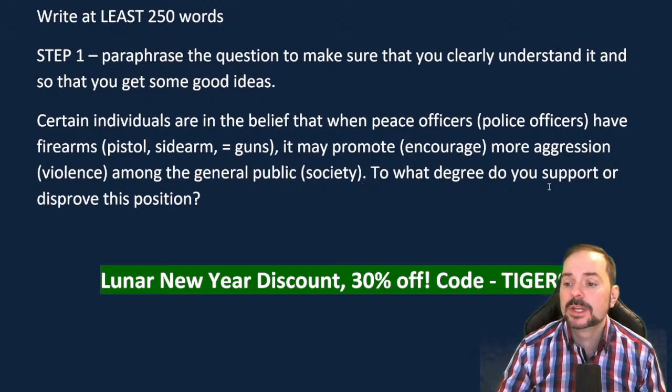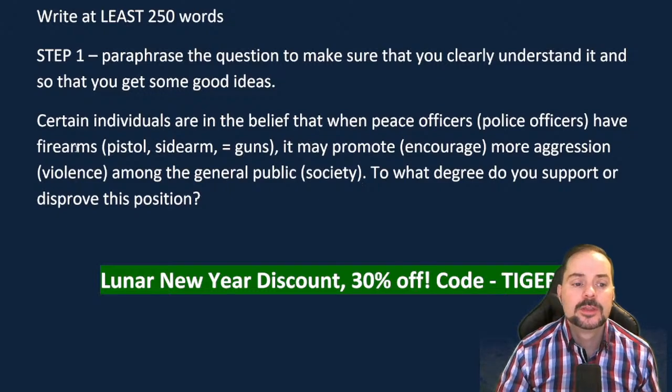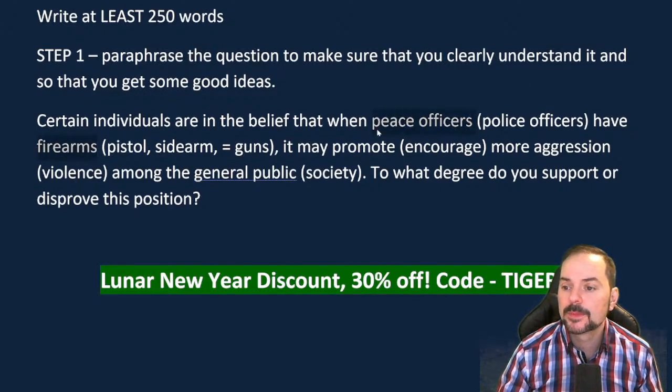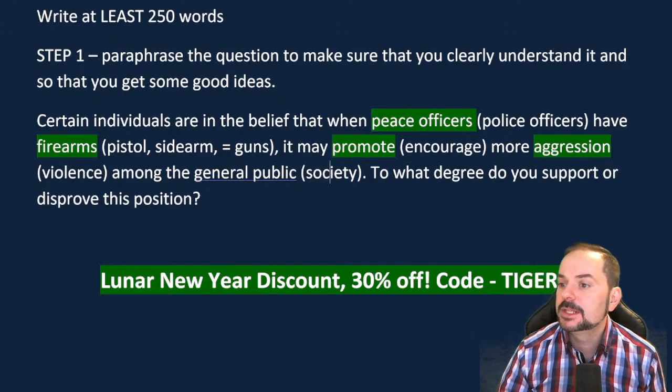So, and then to what extent do you support or disprove this position, right? So this is my paraphrasing here. Take note of it for some of those key terms that we saw in the original question. Okay, so notice those. All right, let's see what some of our members have come up with.